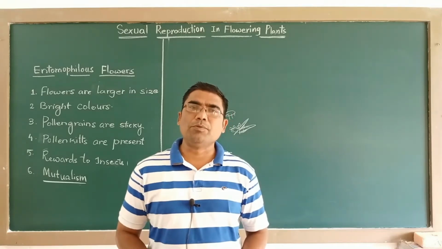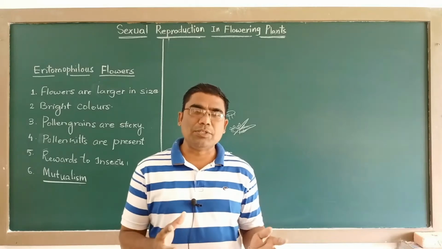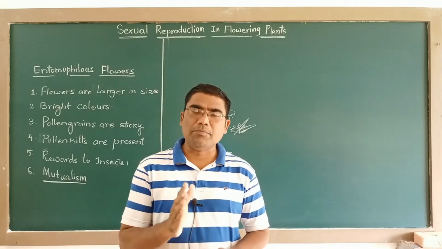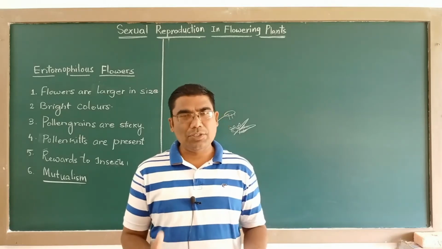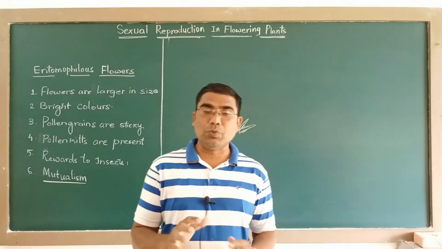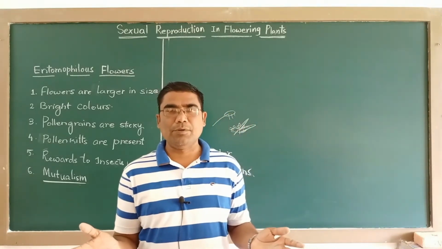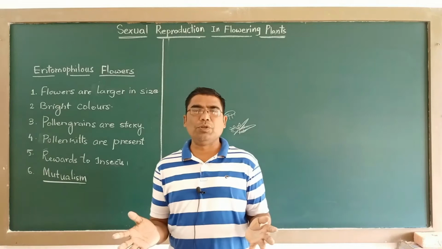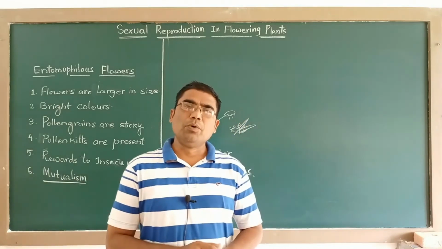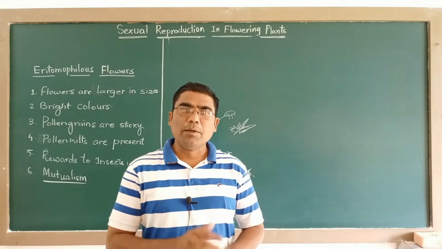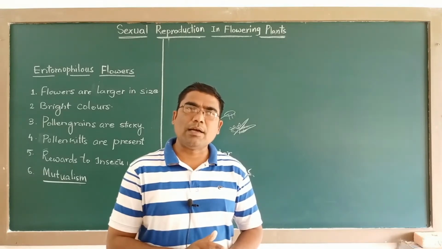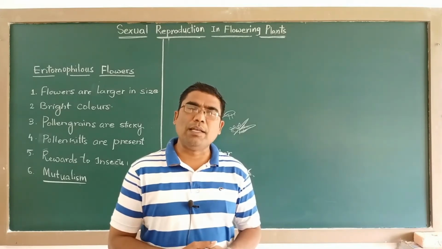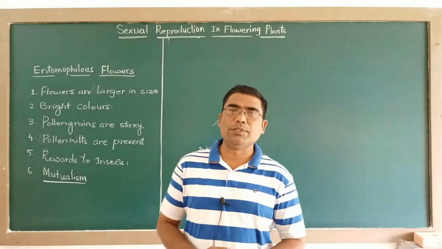First, try to understand that mutualism is a type of relationship between two organisms belonging to two different species, where both organisms benefit from each other and do not cause any harm to each other. This type of association is called mutualism, or symbiotic association.